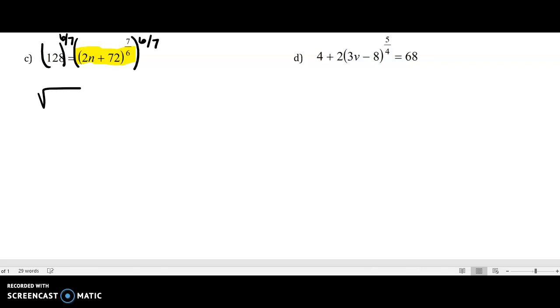That means that 128 is the 7th root raised to the 6th power. That has been undone. So I just have 2n plus 72. Got to figure out what this guy is. If you punch it in your calculator, you get 64.